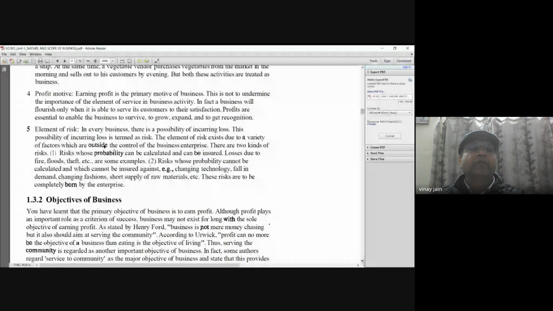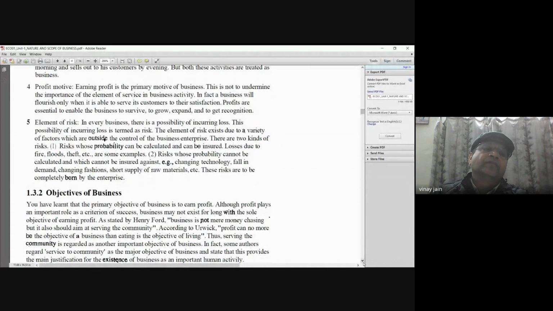Then the profit motive is there. If you are into a business, profit motive is there. Without making a profit, you cannot say that you are into a business. Then guys, the fifth, last but not least, is the element of risk.